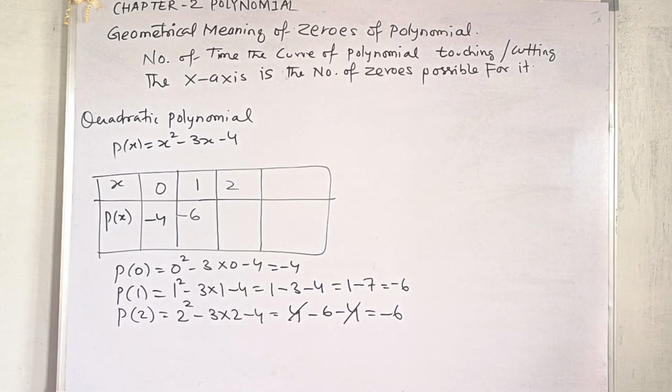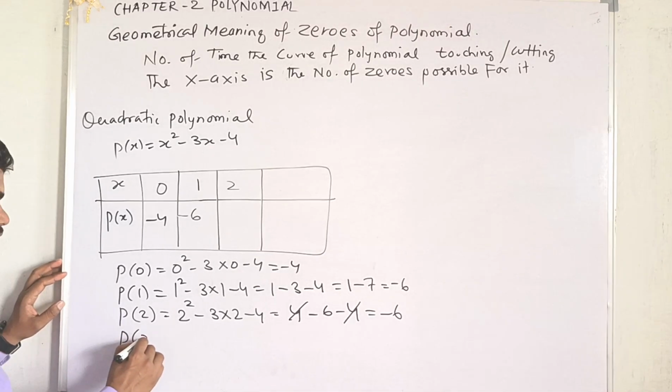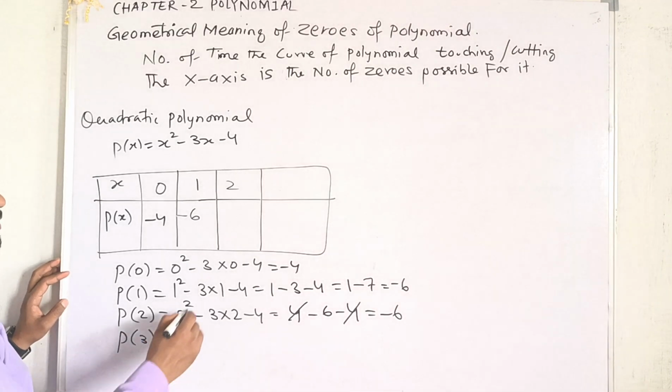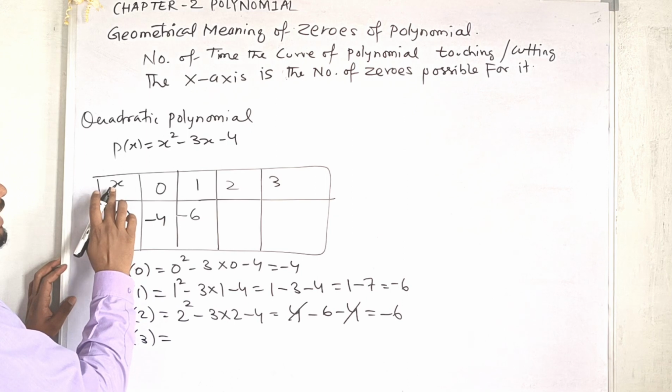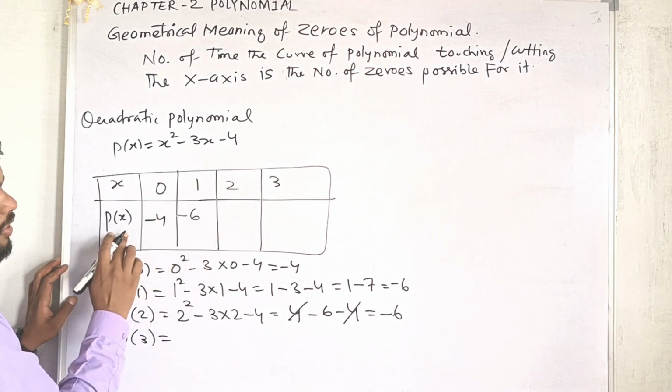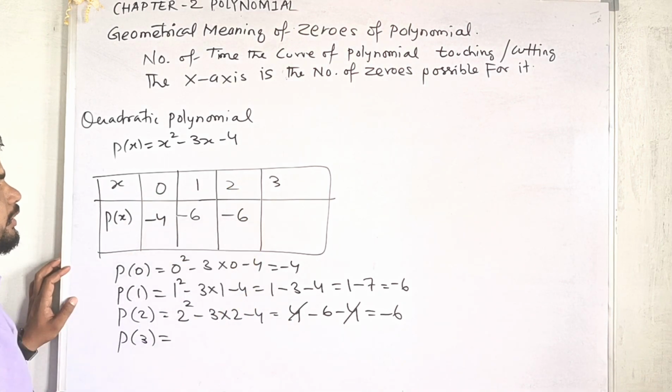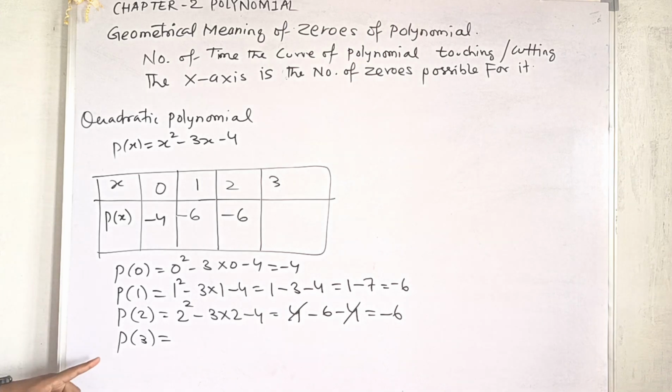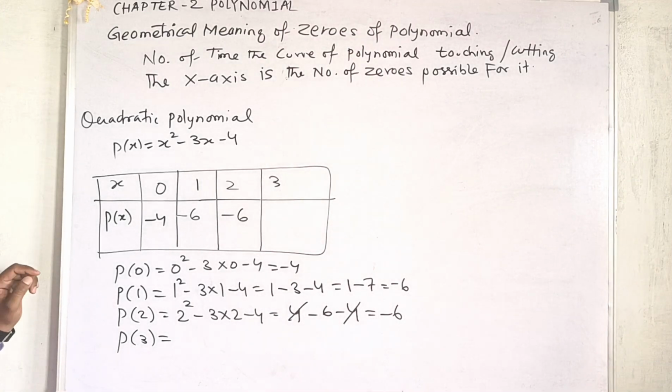Okay, what is the value of p of 3? When x was 2, the value of p of x was minus 6. What is the value of p of 3?